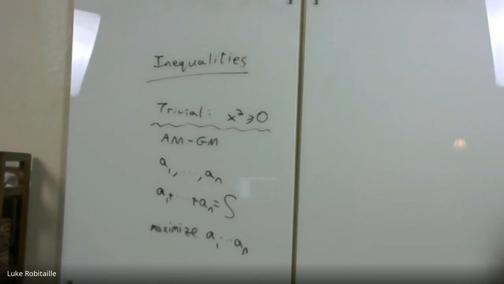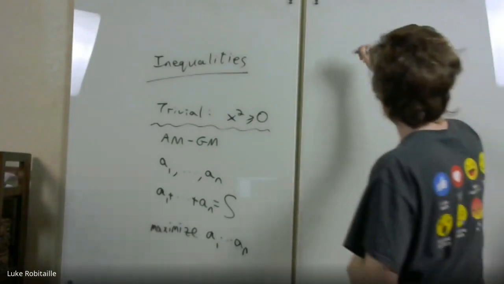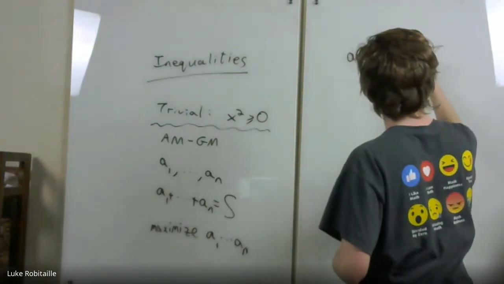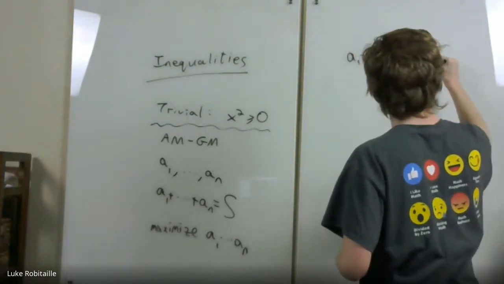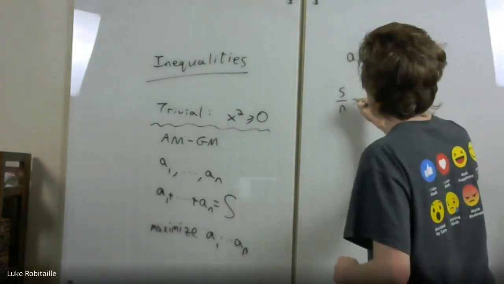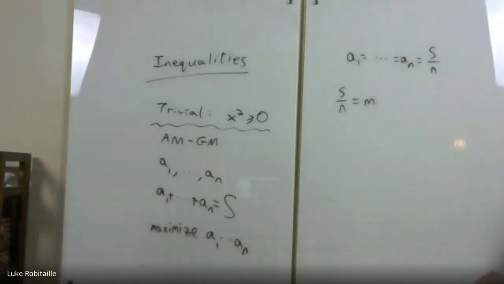So you might conjecture that the maximum is achieved when all the numbers are equal. I'll say S over n equals M, the arithmetic mean of the numbers.